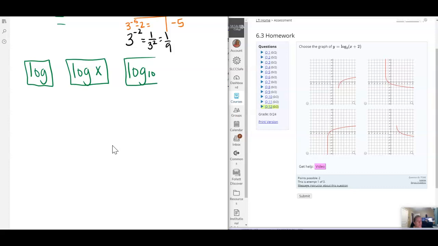So there are different ways, but these all mean the same thing. Can everybody find that button on your calculator? Those log buttons. Raise your hand if you found it on your calculator.